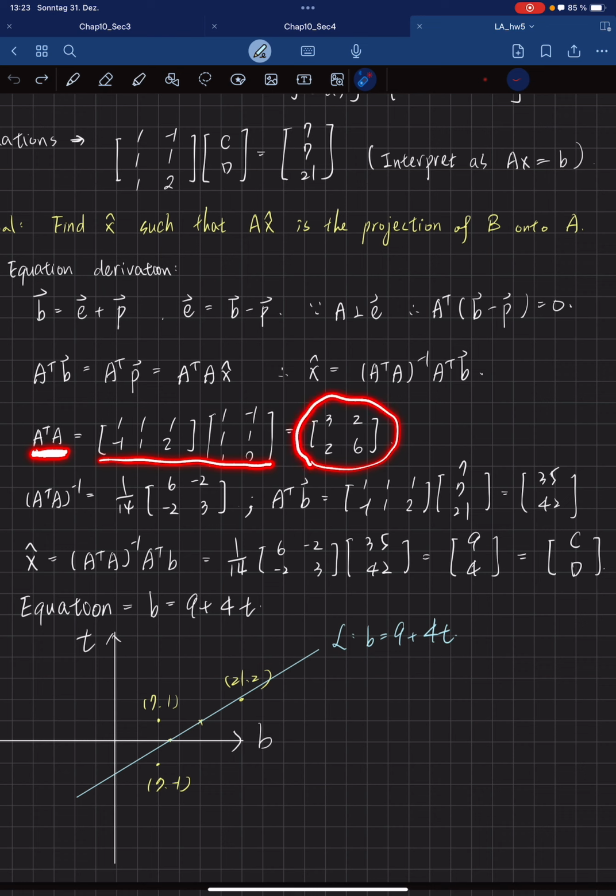Now when we take the inverse, we just apply the formula, which is the determinant placed on the denominator times the matrix with these two elements swapped and these two times -1. So this is our (A transpose A) inverse, and our A transpose b is simply the product of this matrix and this vector, and we get this result.